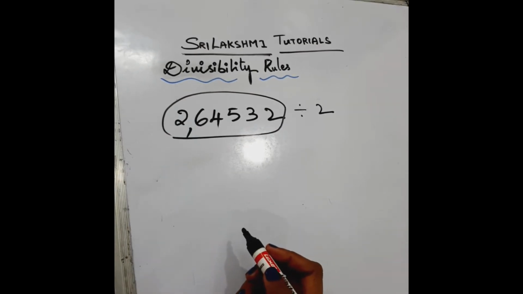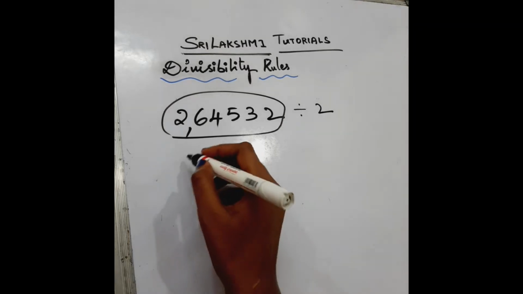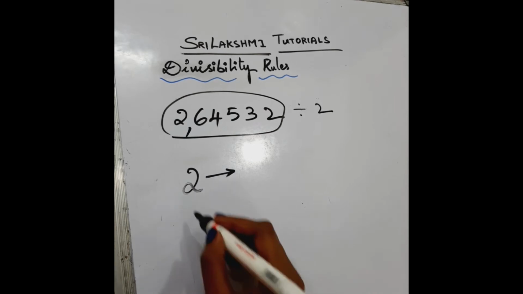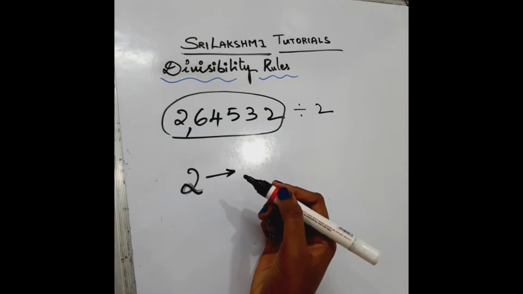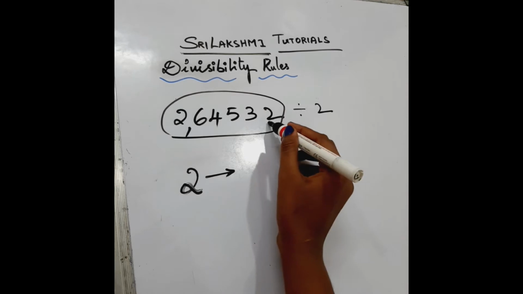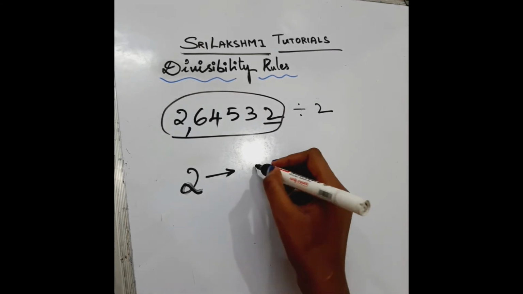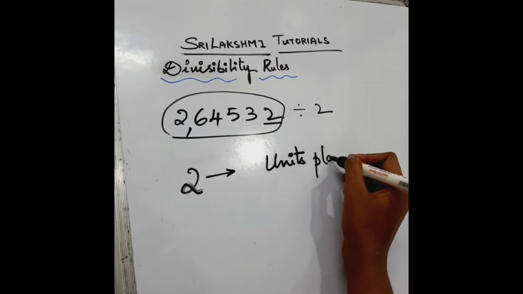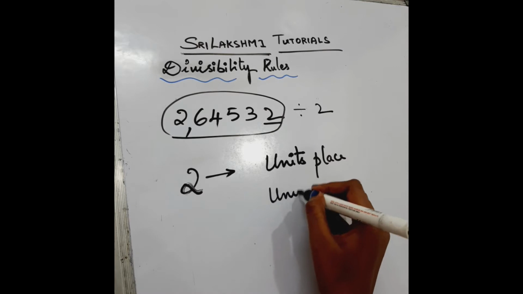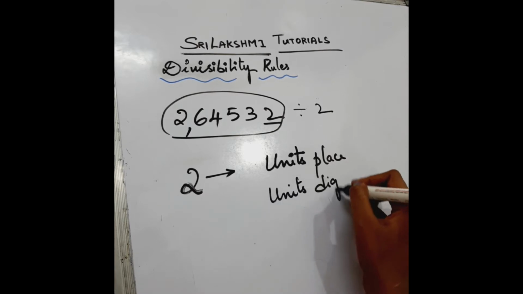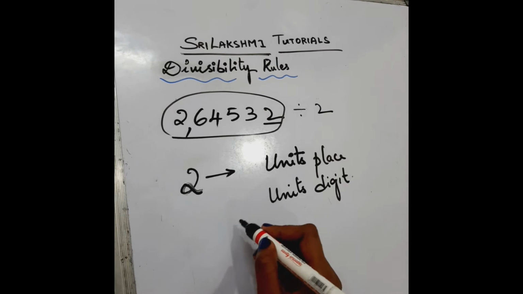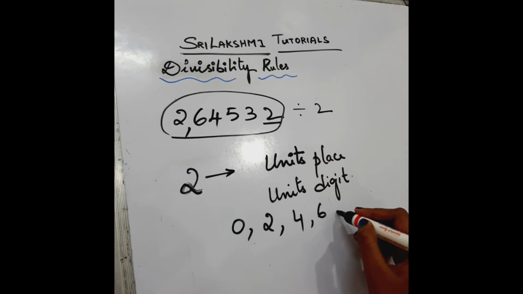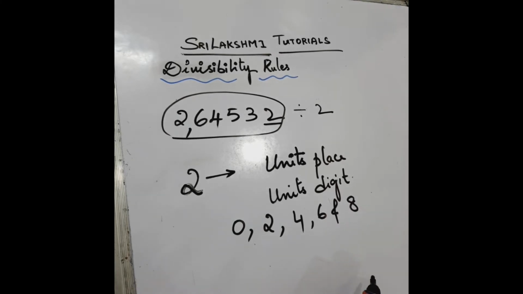Any number, if we want to divide it by 2, we should check the last digit of the given number, which means the units place or units digit, which should be 0, 2, 4, 6 or 8.